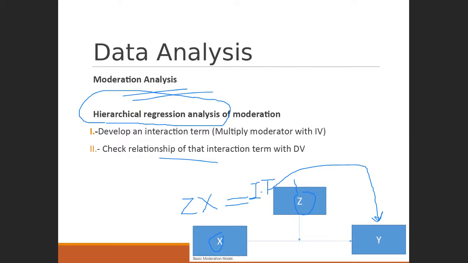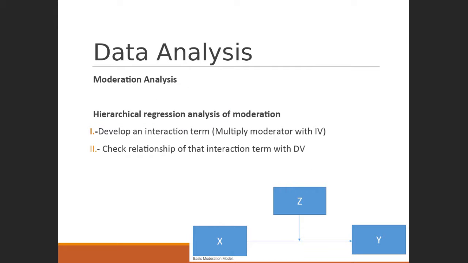That is so simple. But there are many students who formulated such models where a moderating variable is also acting as an IV.